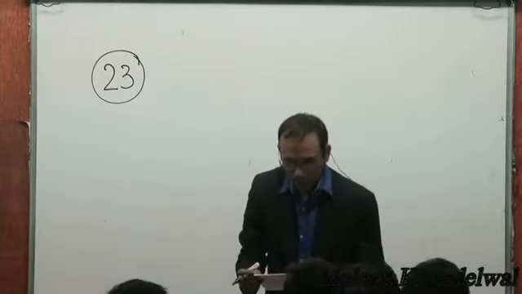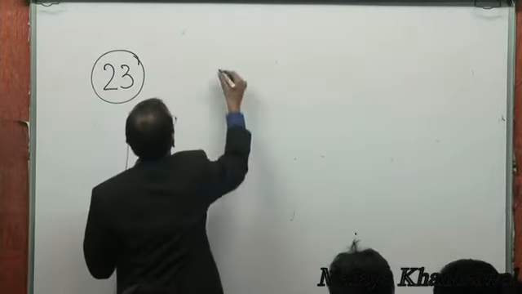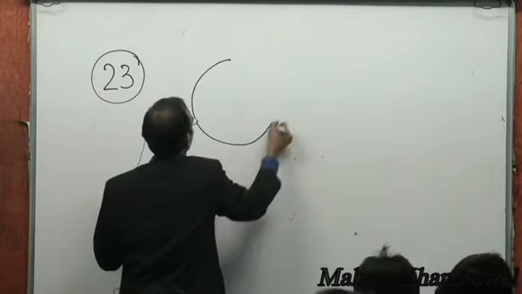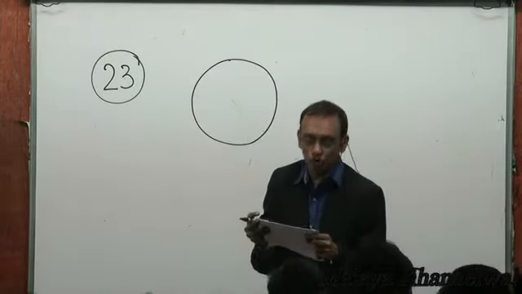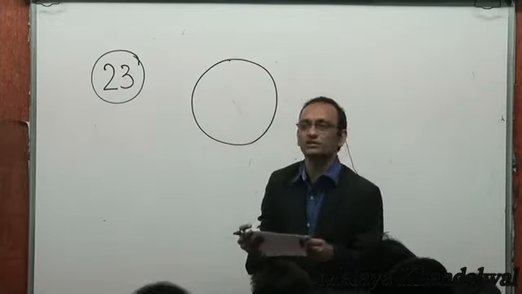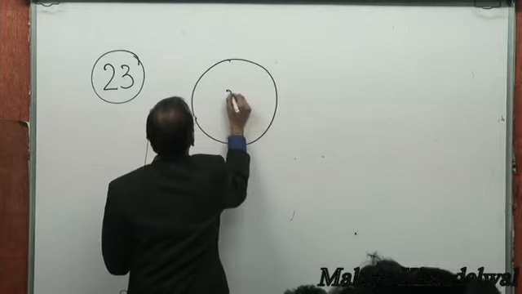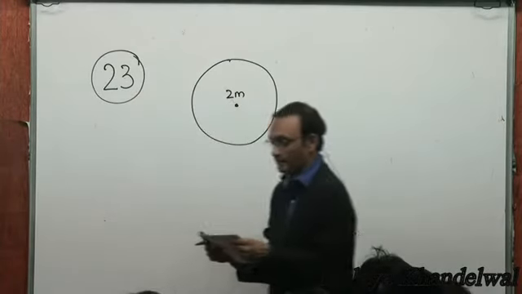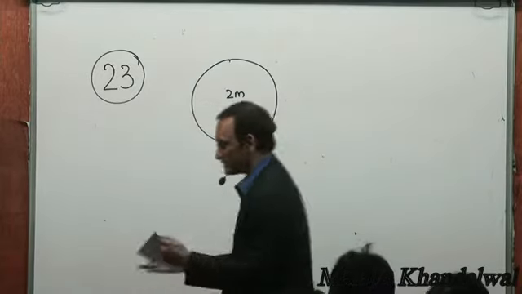So, problem number 23 of the previous sheet. There is a smooth, uniform dish plate of mass 2m, placed on a smooth horizontal table.